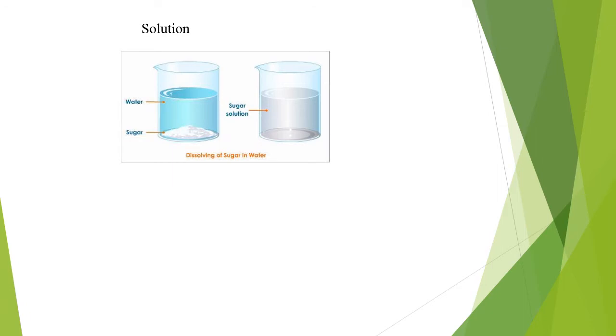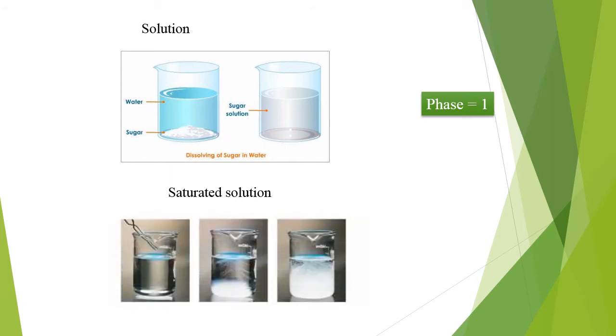So it forms a single phase. It is homogeneous, so it is a single phase. Now a saturated solution. I prepare a saturated solution. You can see the beakers and understand. Here I have liquid water as well as the salt in it. So it is 2 phases.